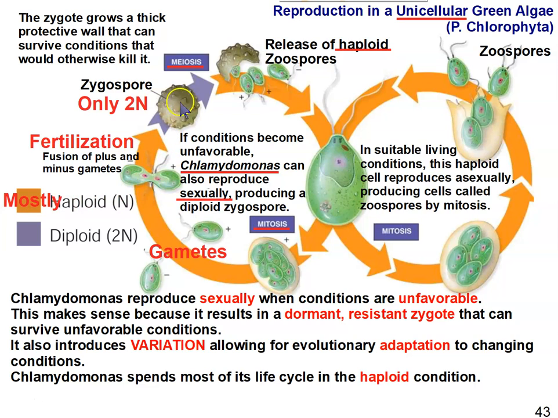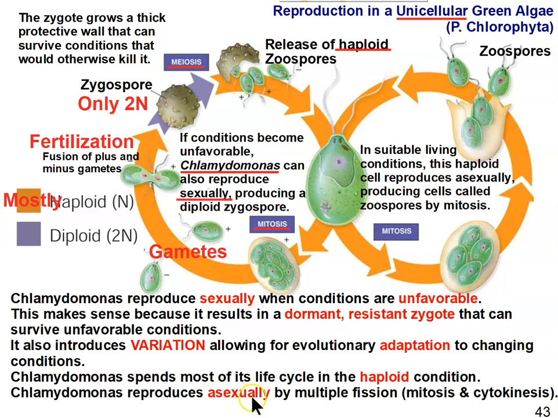The only diploid is the zygote and the zygospore. When it's time to germinate, it will undergo meiosis and return to the haploid condition. So we go from the full number of chromosomes back to the half number of chromosomes, and that's how Chlamydomonas, the adult Chlamydomonas, is haploid.